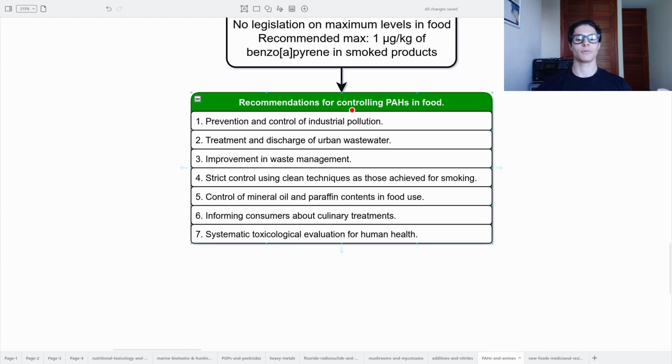The recommendations for controlling these compounds in food are the prevention and control of industrial pollution, treatment and discharge of human wastewater, improvement in waste management, strict control using clean techniques as those achieved for smoking, control of mineral oil and paraffin contents in food use, informing consumers about culinary treatments, very important, and systematic toxicological evaluation for human health.